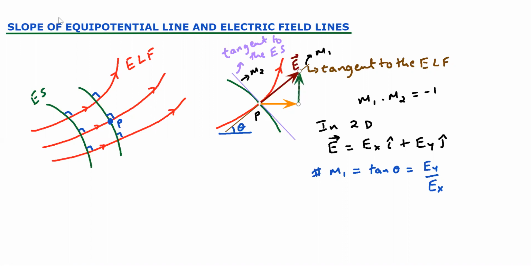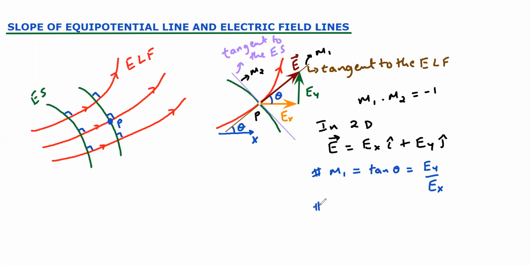So you can see that this is Ey and this is Ex, and this angle is theta. So tan theta is equal to what? Ey over Ex. This is the x axis, the x direction. So there you have it: m1 is equal to Ey by Ex.